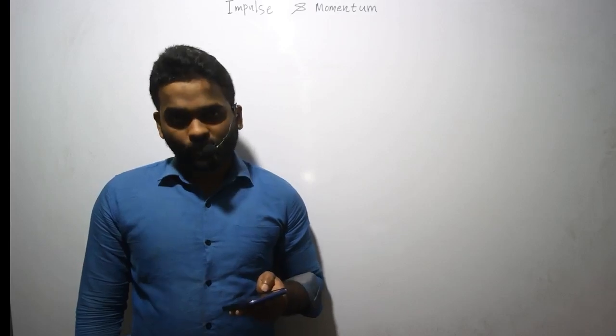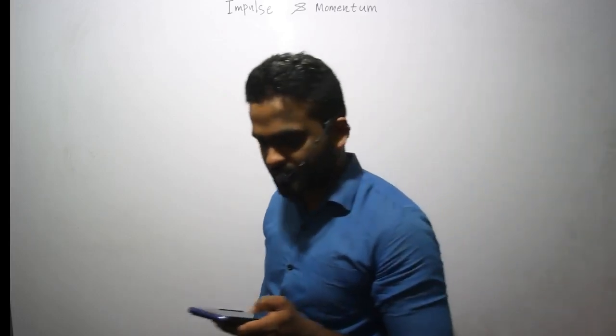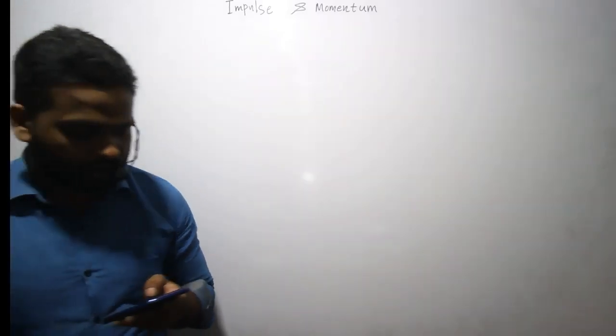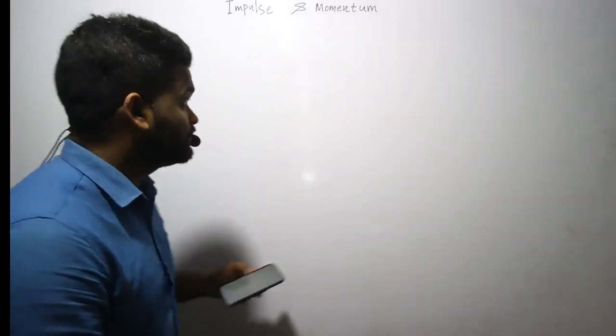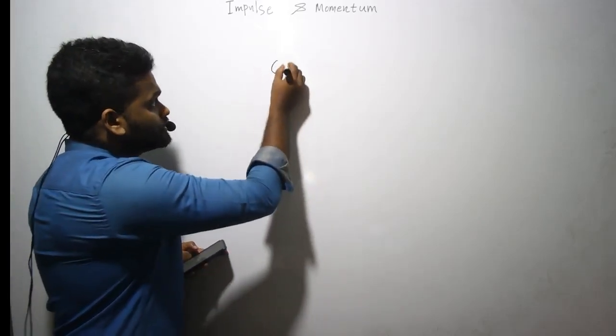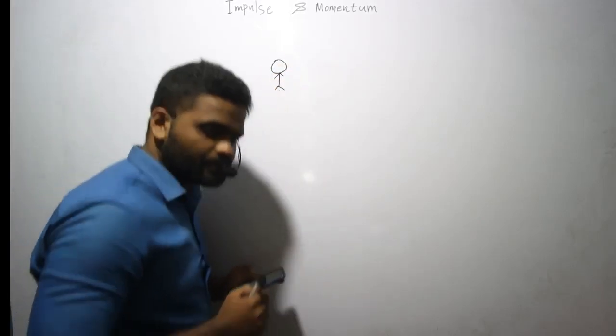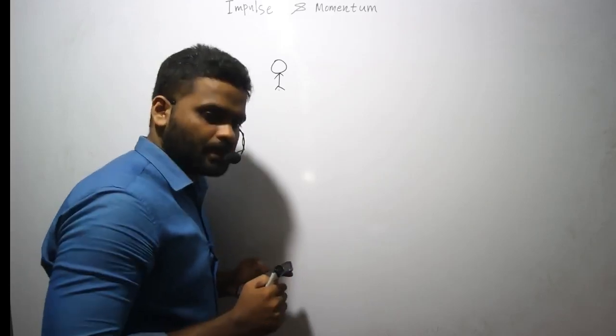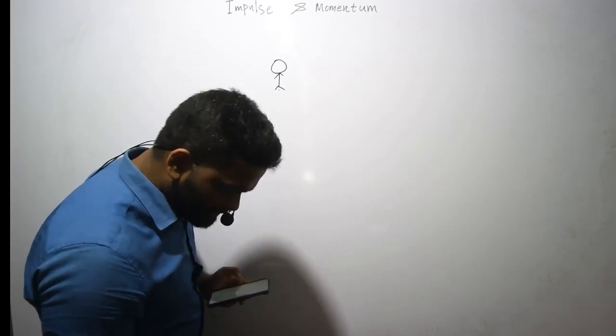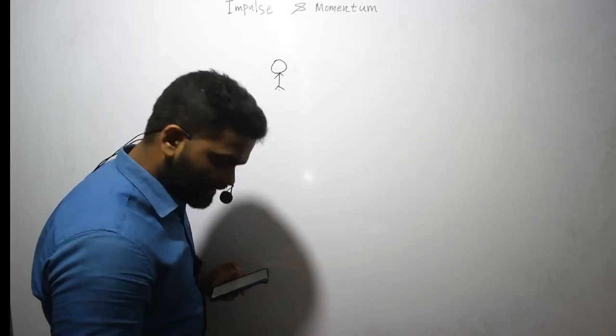The image shows the variation of force applied by Earth on a person as he jumps up. Weight of the person is 650 Newton. So let's say this is the person, trying to jump up.